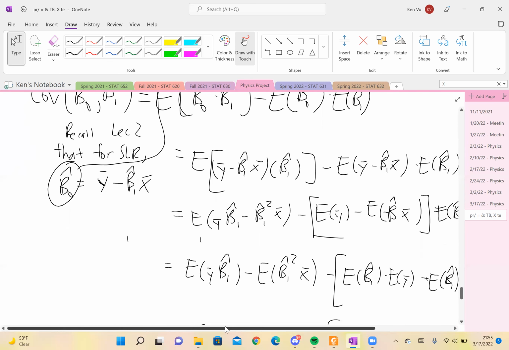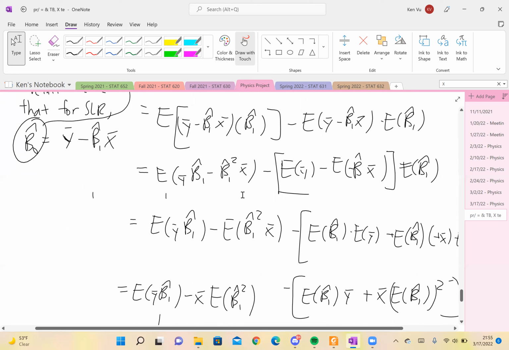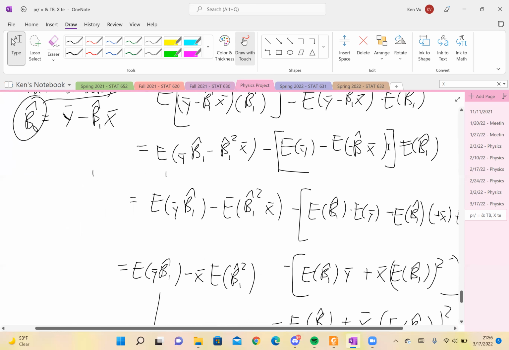All right. Once you do that, you want to distribute this beta 1 hat for this first term, and you get this right here. Then using properties of expectation, you can separate this into two separate expectations. By the property of expectations, you can pull out constants.